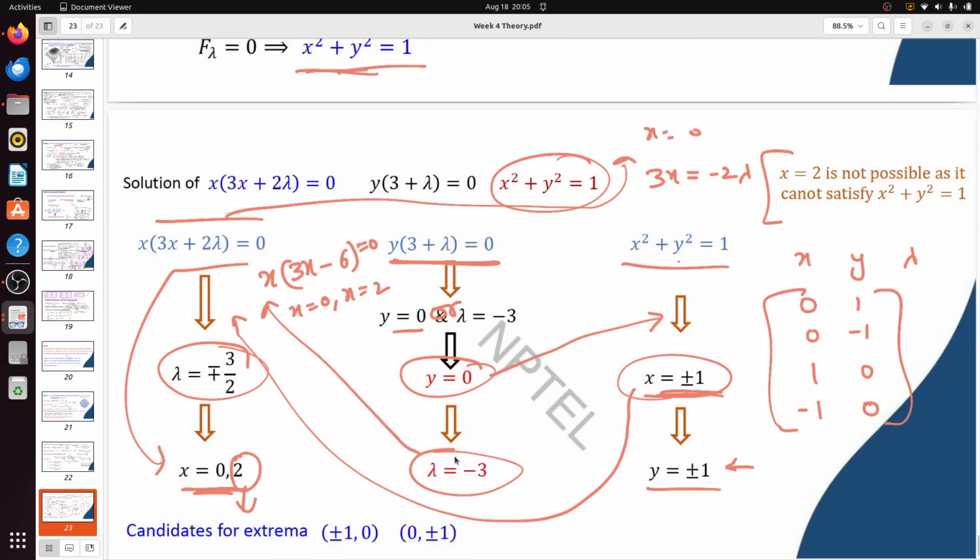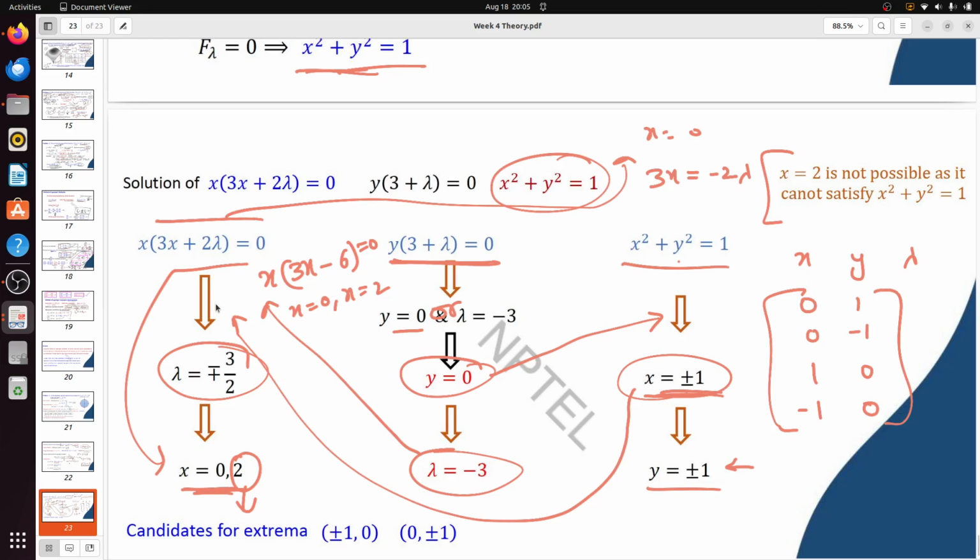If you put lambda equal to minus 3 here, it will give you minus 6, so x will give you 2, but x equal to 2 is not possible, as it cannot satisfy x square plus y square equal to 1.